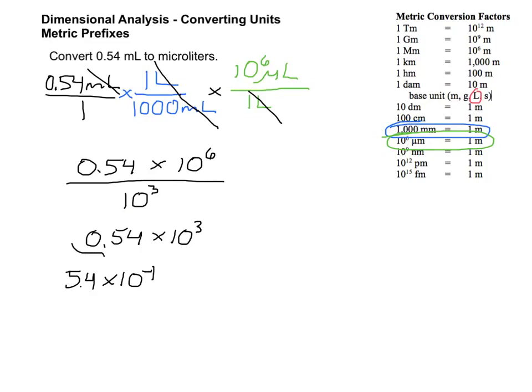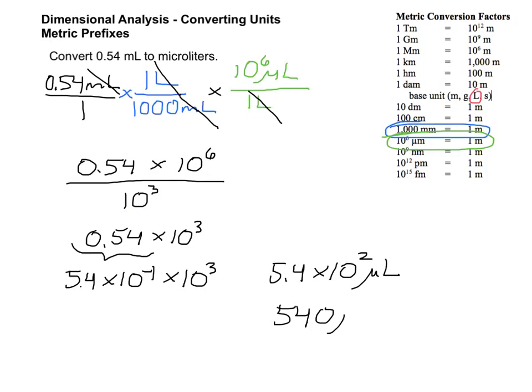That's just this part. And we still have times 10 to the 3rd here. So our final answer becomes 5.4 times 10 to the 2 microliters, which is 540 microliters.